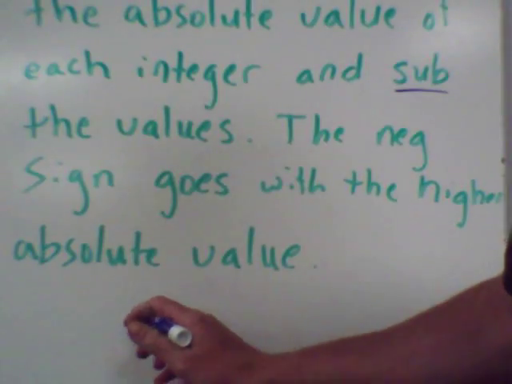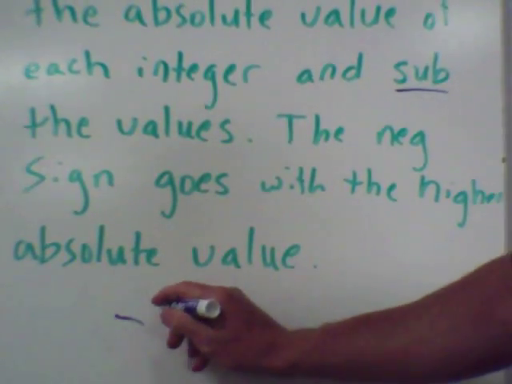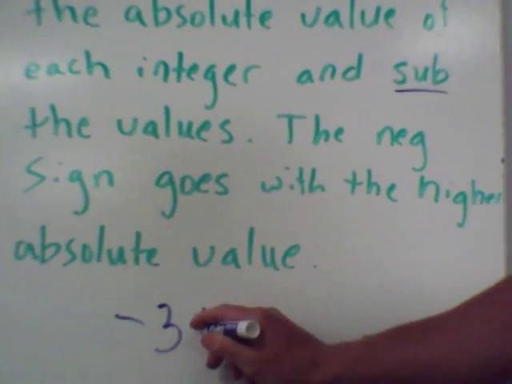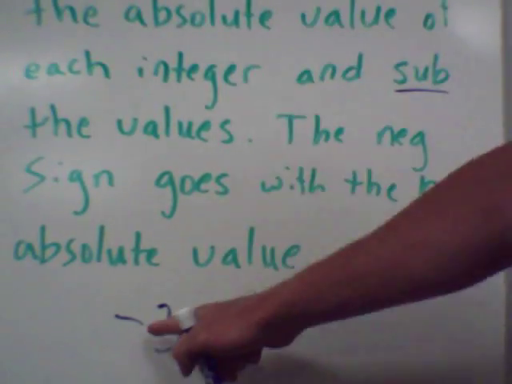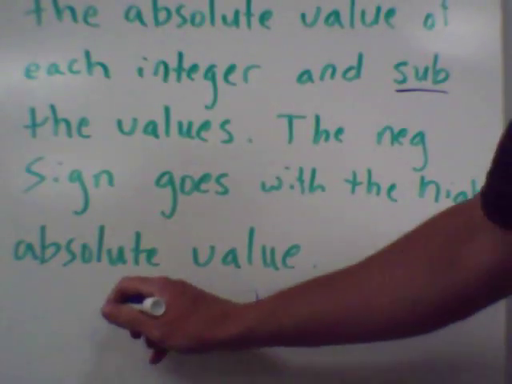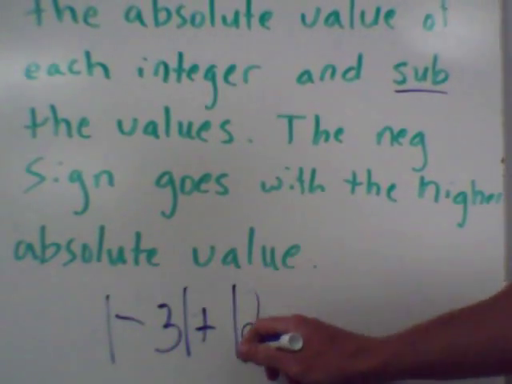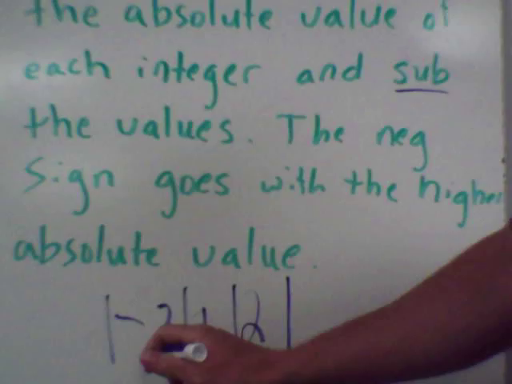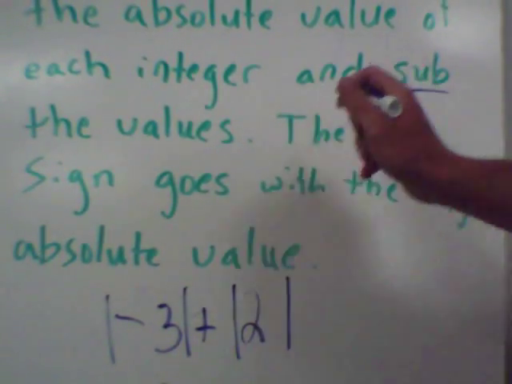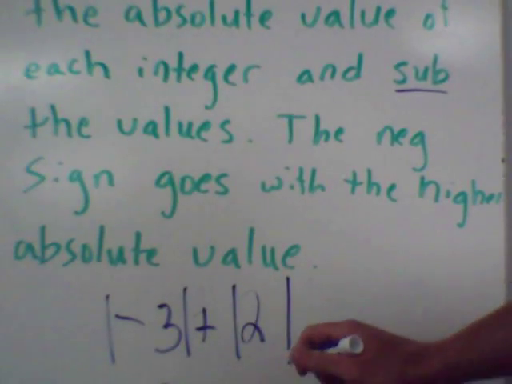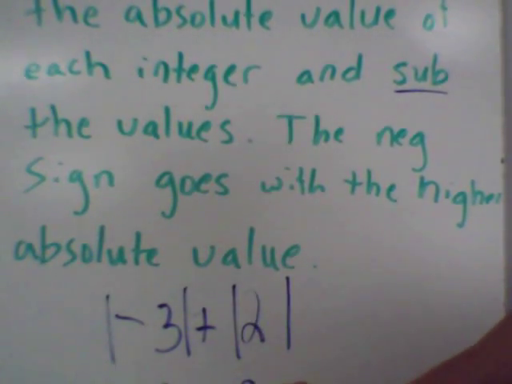If I have negative 3 plus 2, because that would be the sum of a positive and a negative, I'm going to find the absolute value of each one of those. Absolute value of negative 3 is 3, but I'm going to subtract the absolute value of 2.